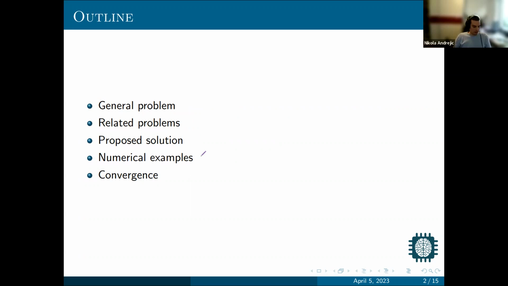And I will provide one of the numerical examples. They do many numerical examples, but they visualize only one of them, so I'm going to present that one. And then they prove the convergence of their algorithm under certain assumptions. So if we have time, I will go through those assumptions briefly also.